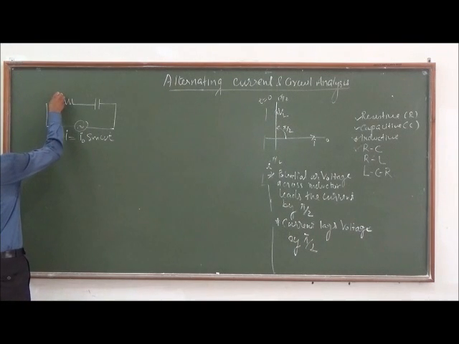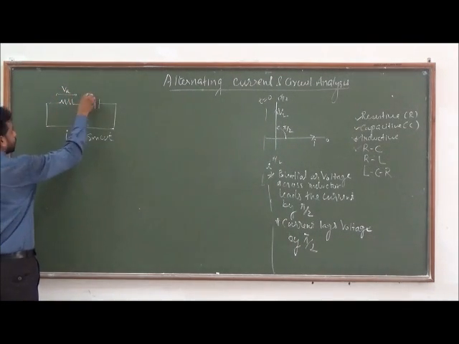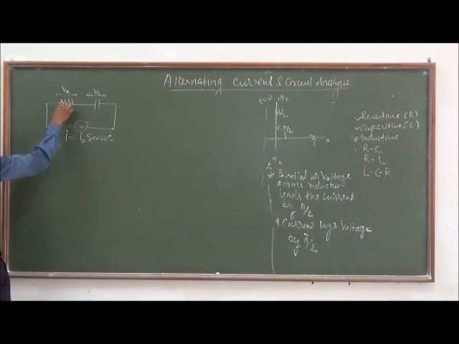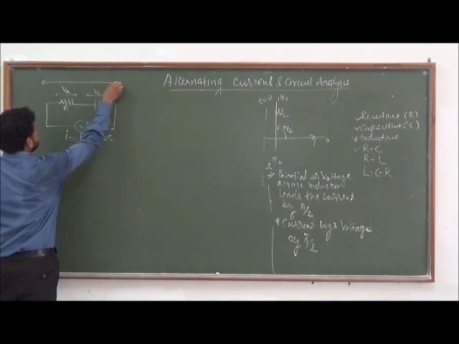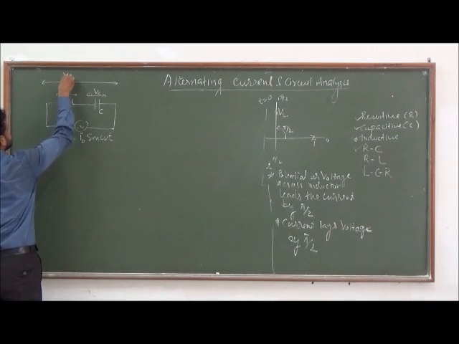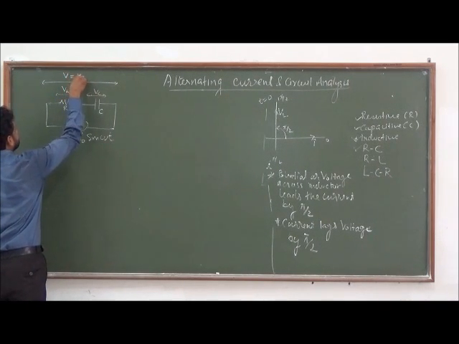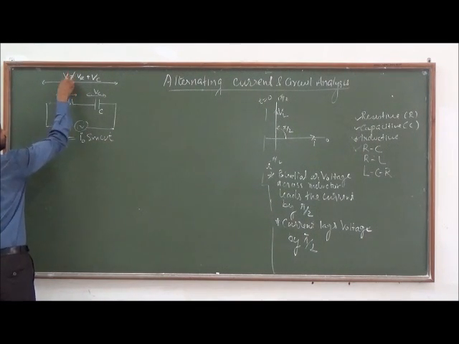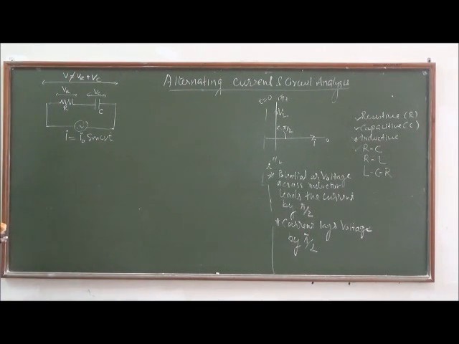The potential across the resistance is VR and the potential across the capacitance is VC. So this is the resistance R and this is the capacitance C. The potential across both of them is VR plus VC. That is not valid here.